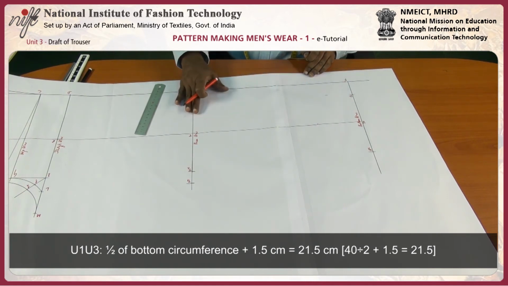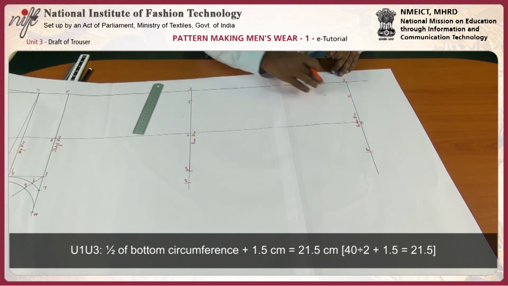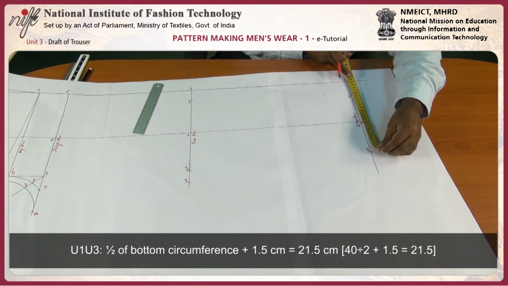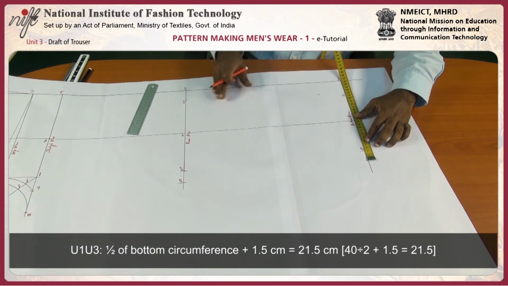The formula of distribution of knee circumference and bottom circumference is the same, but measurement varies. 21.5 centimeter.